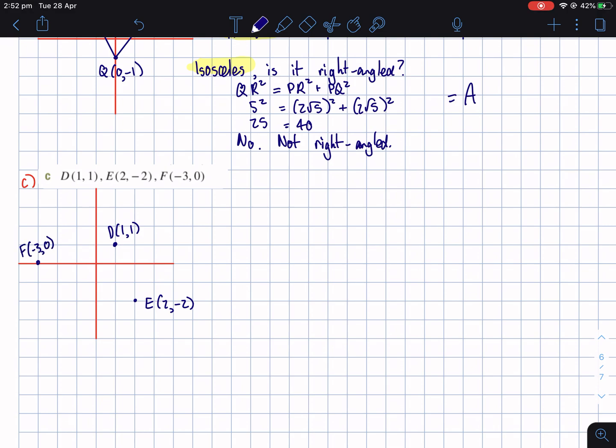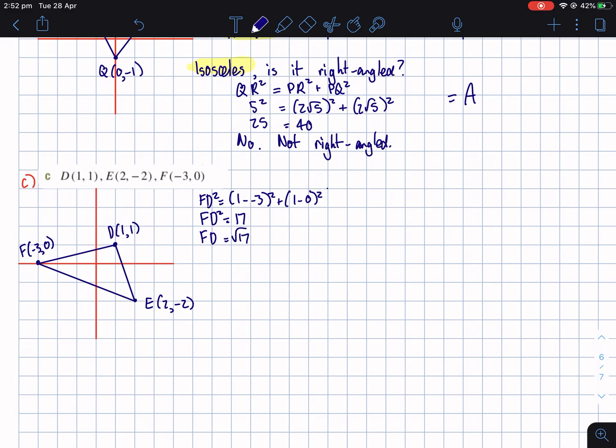Let's find these lengths. So FD squared is going to be 1 take -3 squared plus 1 take 0 squared. So FD squared equals 4 squared plus 1 squared. So it's 17. So FD is root 17.